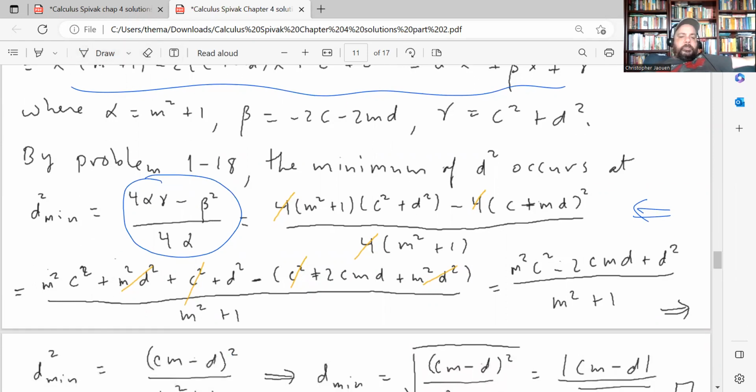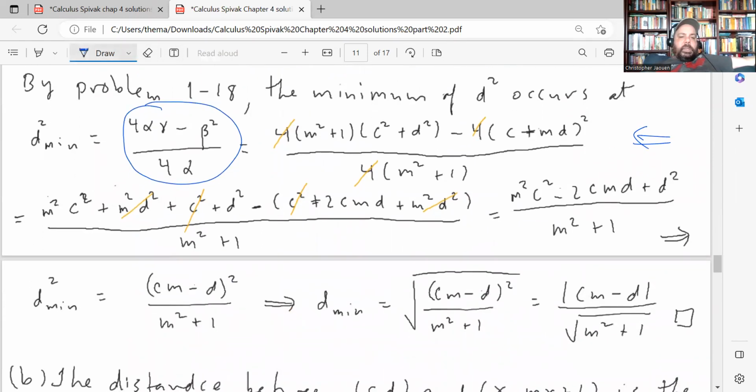You get that the square of the minimum distance is given by this. Take the square root of both sides. You get plus or minus, but this is a distance, so you choose the positive one. And that gives you, when you simplify, the formula that they wanted us to show.